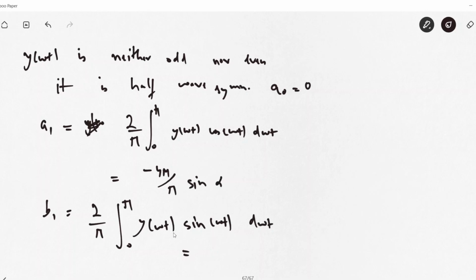and again same with b1. This will be equal to 4m by pi cos alpha. So we have found out both a1 as well as b1.